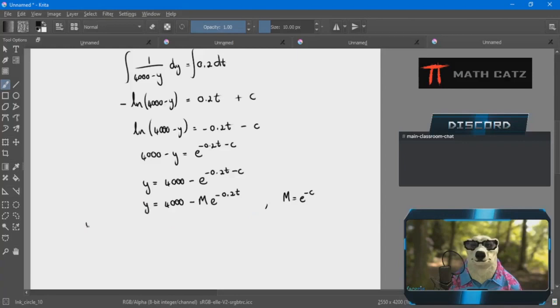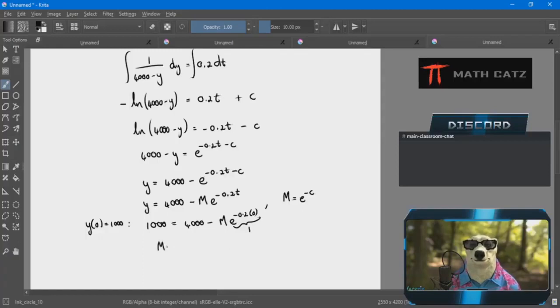Now I need to use the fact that at the beginning I have 1,000 mountain goats. I can use that now. Plug in 1,000 for y. Plug in 0 for t. And I see that this, of course, equals 1.